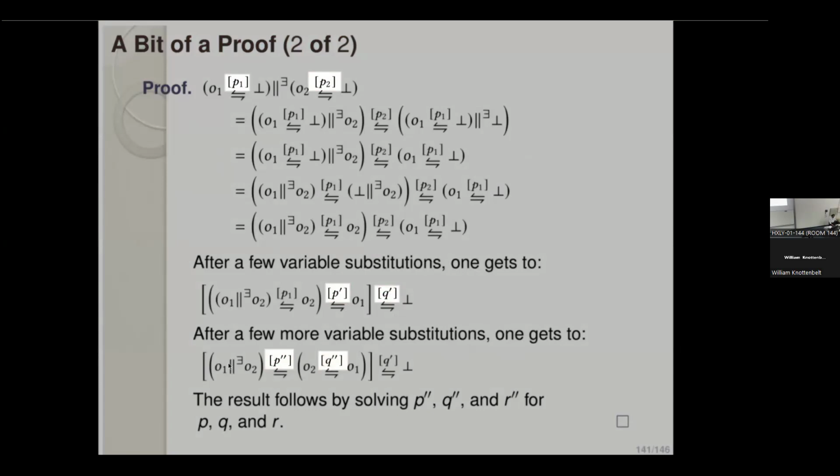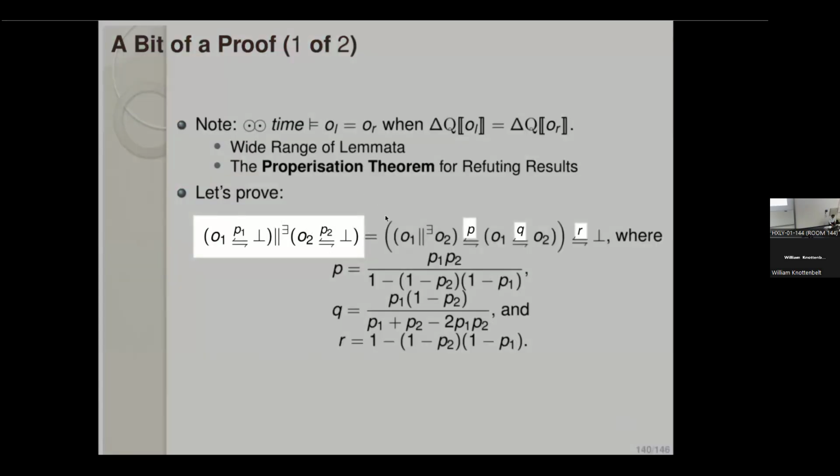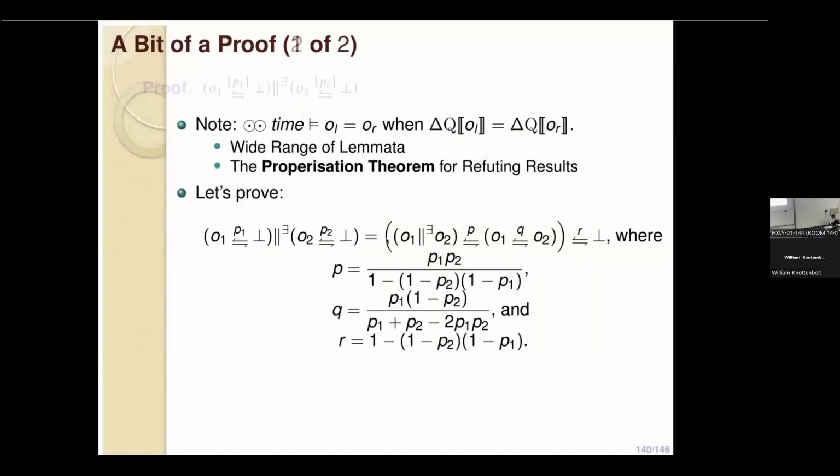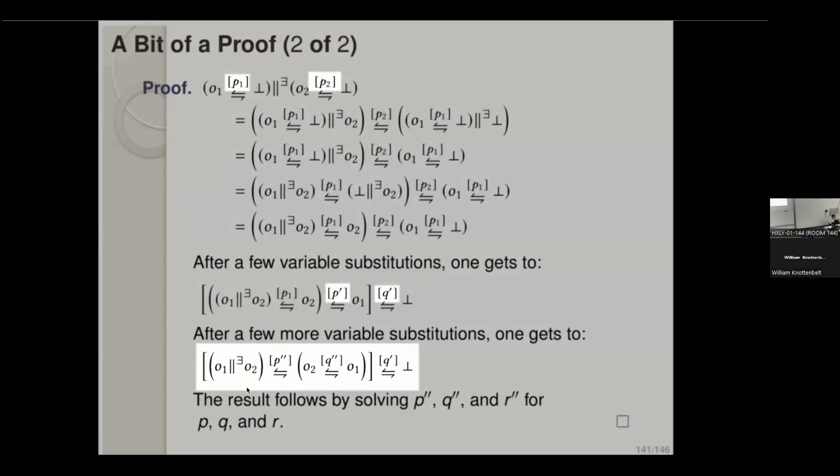And then once you have made it thus far, you see that the bottom sign is at the very top, and because this is of the same form as this, where the bottom sign is only at the very top, you can then equate the labels, and you get to solve P double primed, Q double primed, and R double primed for P and Q and R, and you get to the result, right?